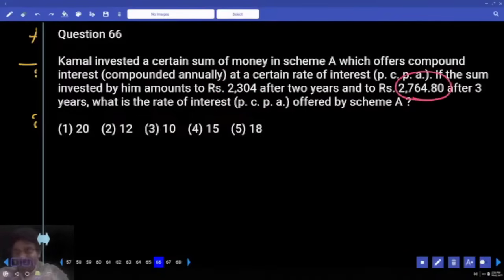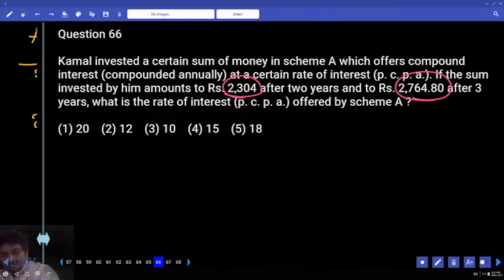Our number is ending with 0.8, or you can simply say 0.80. 10% ends with 0.4, double only ends with 0.8, right? Then answer 20%.